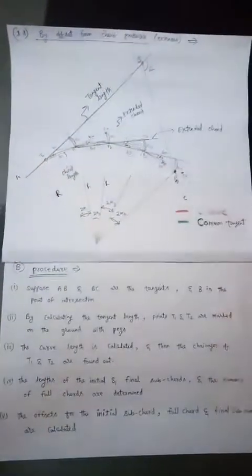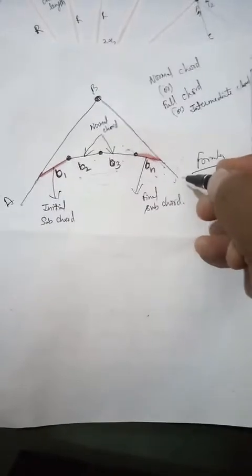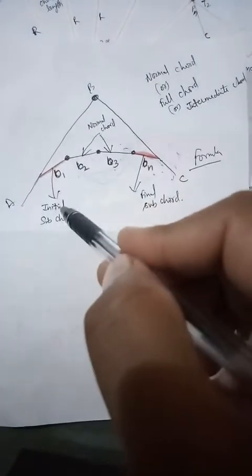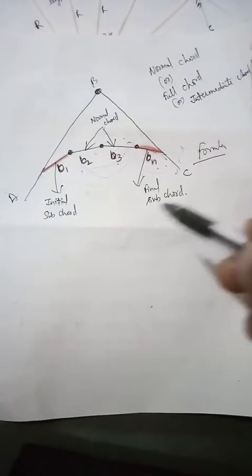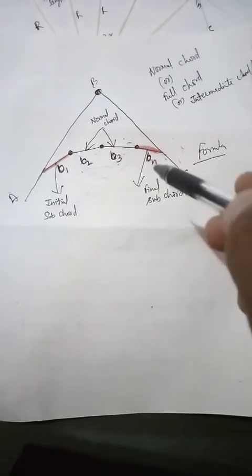See here in the figure. So here A, B, C. AB is the backward tangent and BC is the forward tangent. This B1 is known as the initial subchord, and BN is the final subchord length.